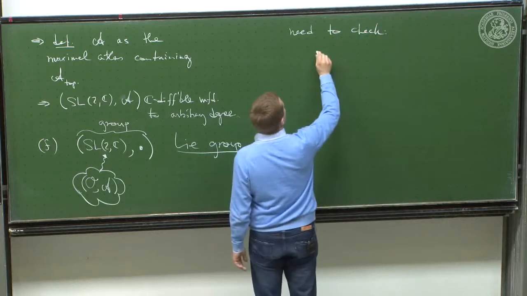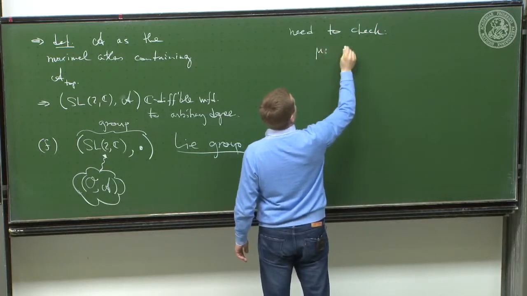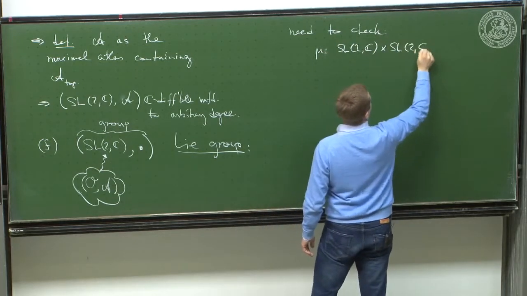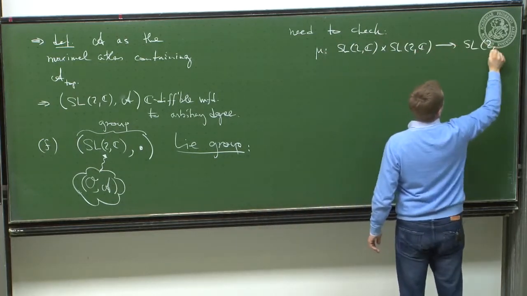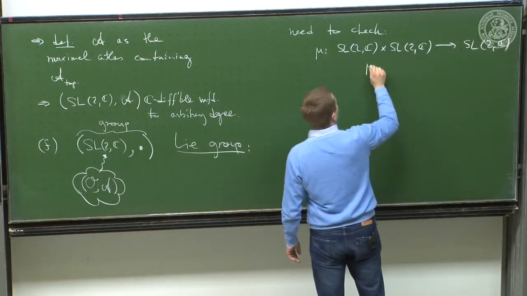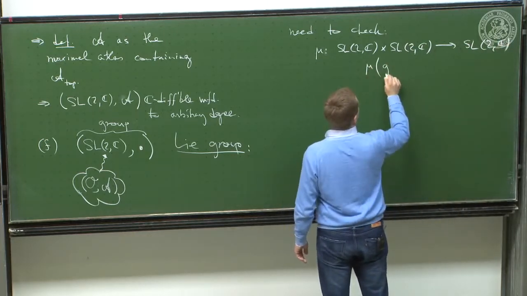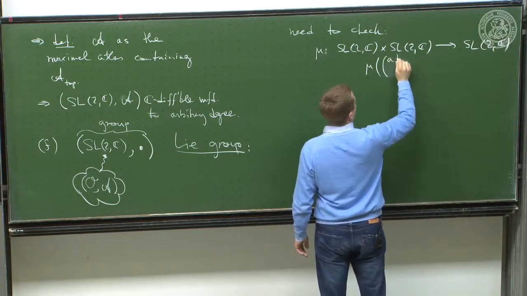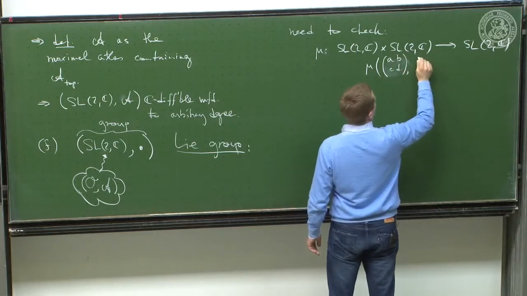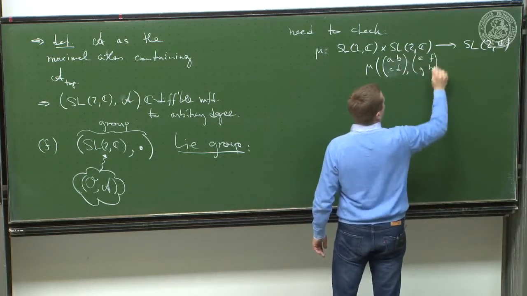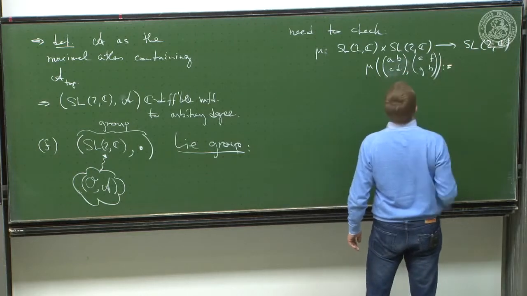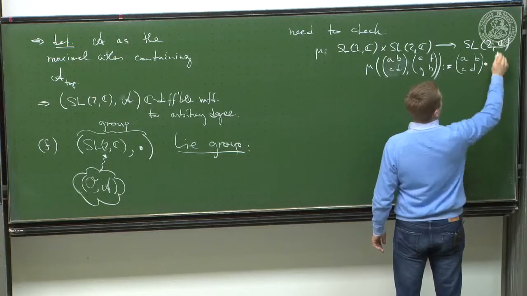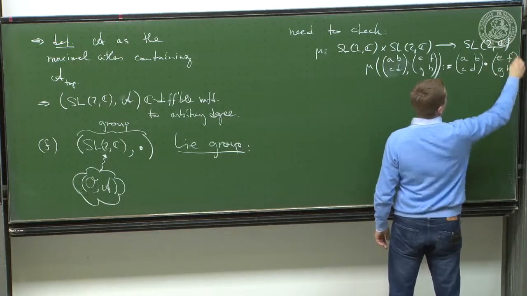We need to check whether the two maps work. The map mu takes two elements of SL2(C) into an element of SL2(C) by virtue of the group operation. So let me call the elements A, B, C, D, E, F, G, H, takes it to the result by the group operation. That's this map.